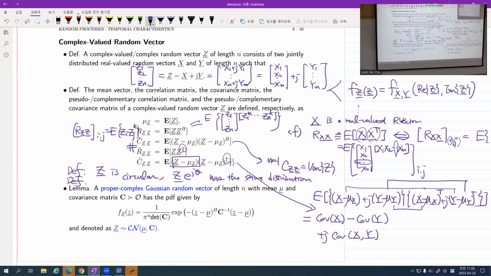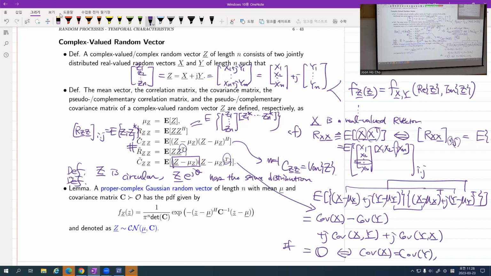And what about this? j times the covariance of y and x. So if this vanishes, which means zero matrix, what does that mean? The covariance of x equals the covariance matrix of y.